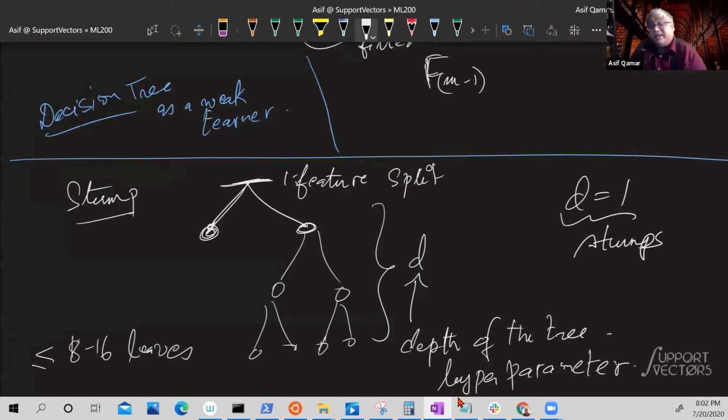Right? You'll be quite surprised actually that stumps work. See, what happens is a stump creates the weakest legitimate learner you can create. You need a legitimate learner. It is the weakest legitimate learner you would have. Do you agree, guys? Yes. Right?